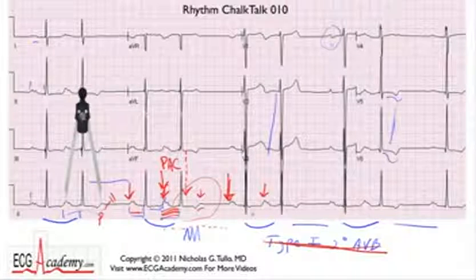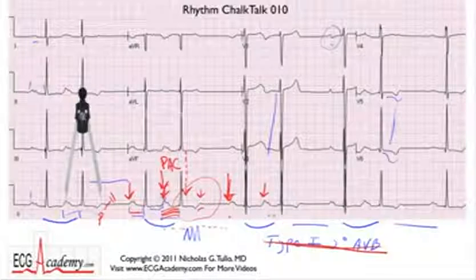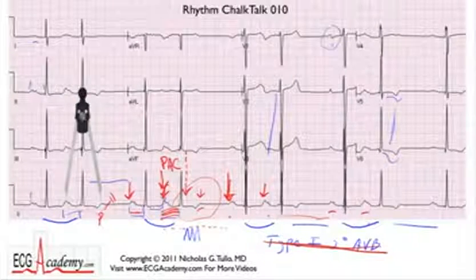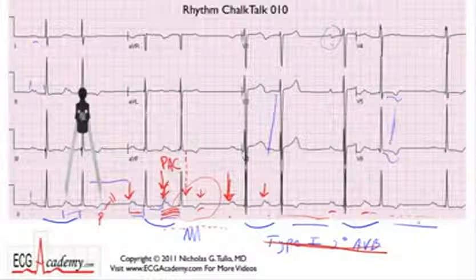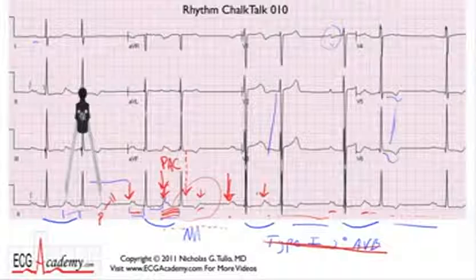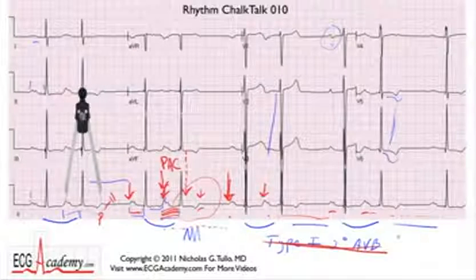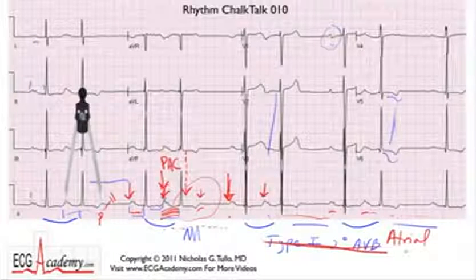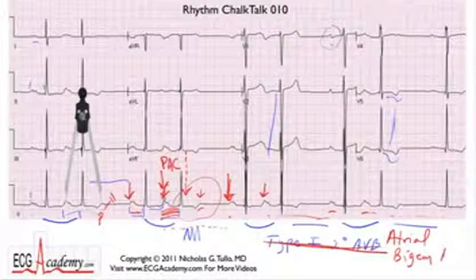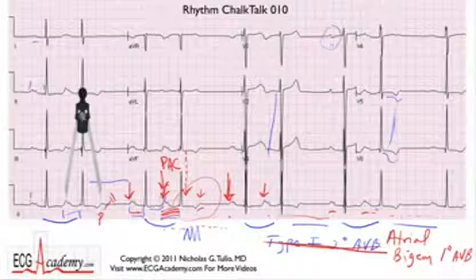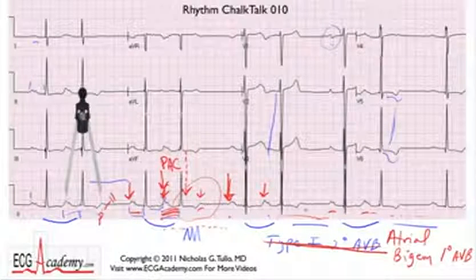Okay, so you have a pattern of a sinus beat, PAC, compensatory pause, sinus beat, PAC, compensatory pause. What do we call the pattern when an ectopic beat occurs every other? It's bigeminy. I think we've seen this before. This is atrial bigeminy with a first-degree AV block, but there's no second-degree AV block here. All the P waves conduct.